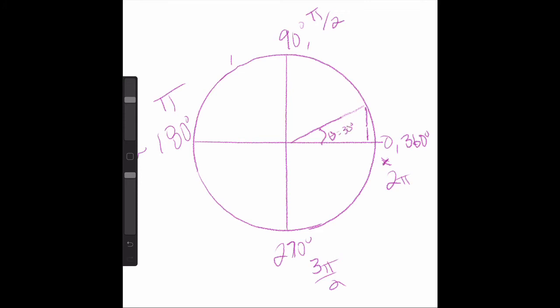A 30 in the first quadrant is going to have the dimensions of 1/2, root 3 over 2, and of course the radius of 1. All of our triangles in the unit circle will have a radius of 1. This we'll refer to as our short side, and this as our long side.